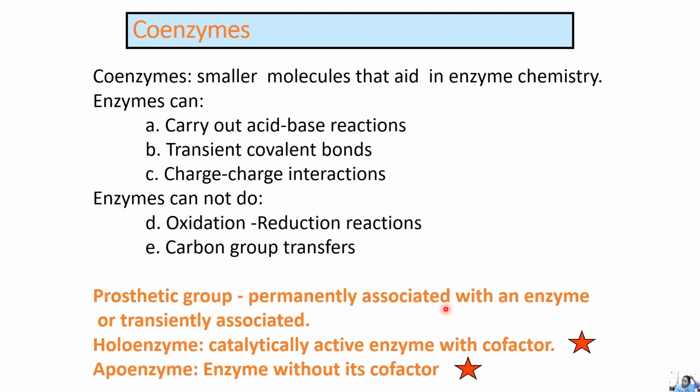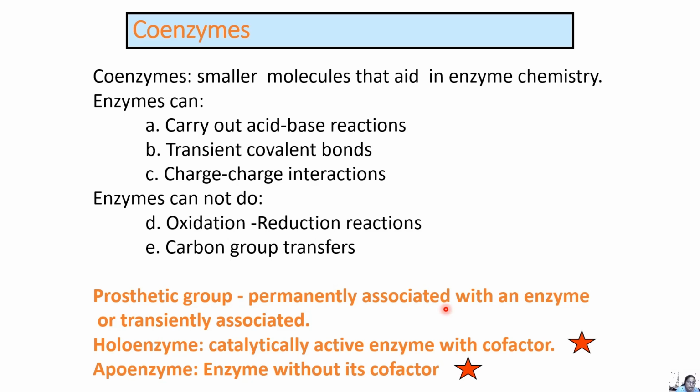Now what are coenzymes? Coenzymes are smaller molecules that aid in enzyme chemistry. Enzymes can carry out acid-base reactions, can help in transient covalent bonds, and charge-charge interactions. Enzymes cannot do oxidation-reduction reactions or carbon group transfers. The prosthetic group is permanently associated with an enzyme, or it may be transiently associated.